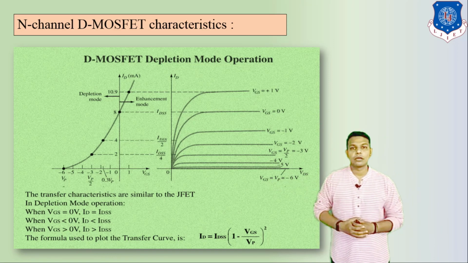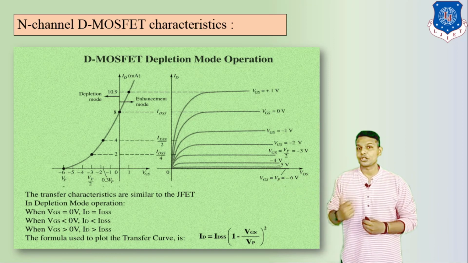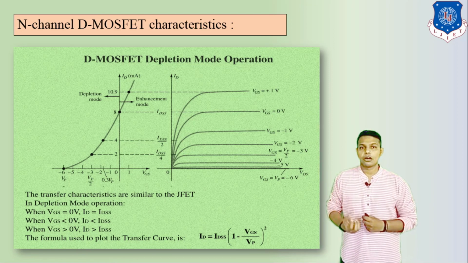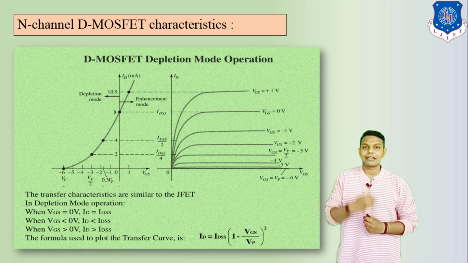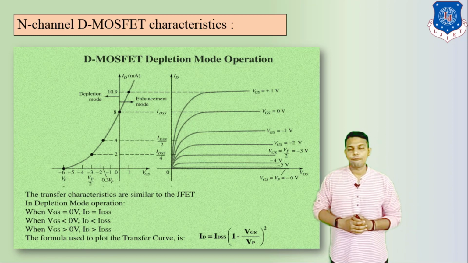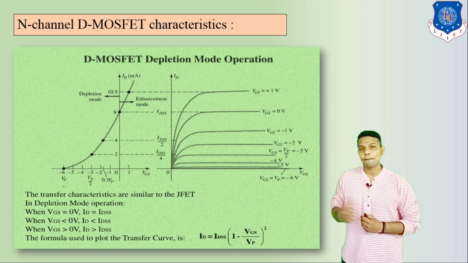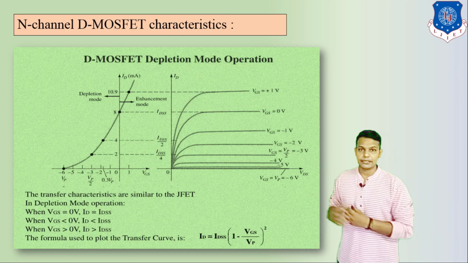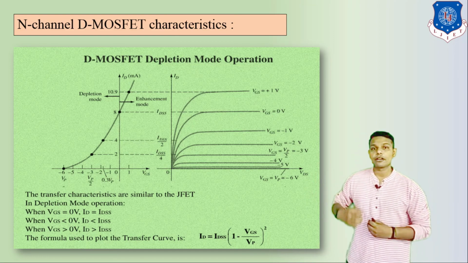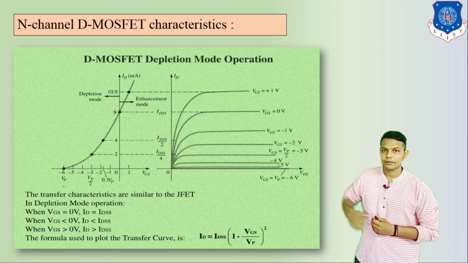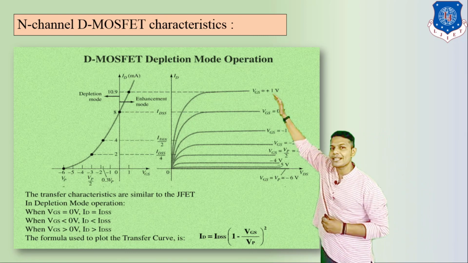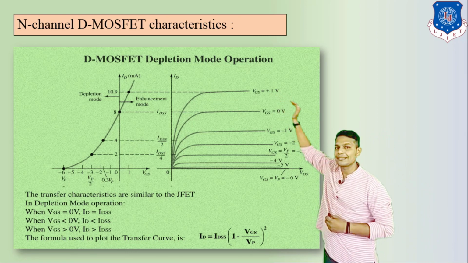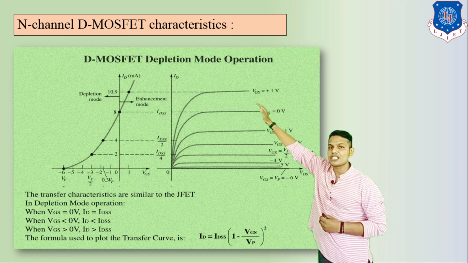Now let us discuss case number 3. If we increase VGS on the positive side, then what happens? If we increase VGS in a positive manner, the number of electrons increases. That means the flow of current is increased. Here we can see if your VGS is equal to +1 volt, at this time your current is maximum.